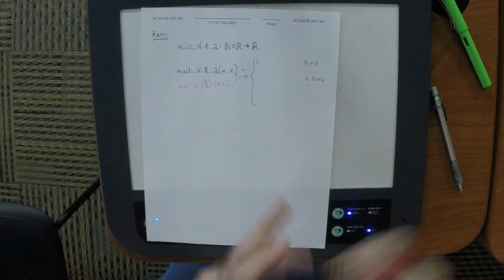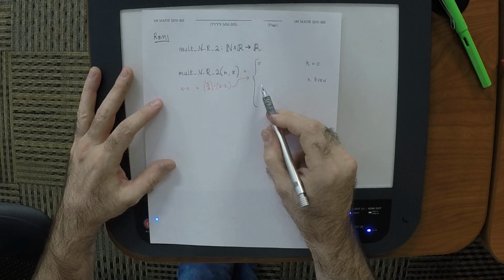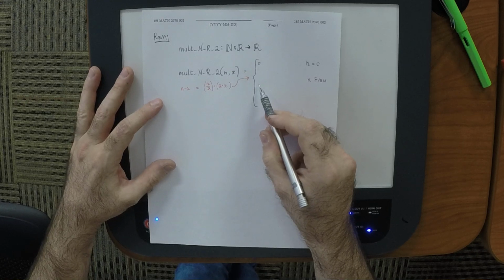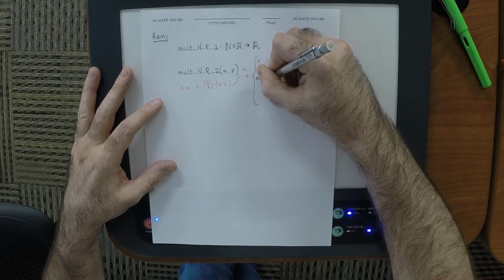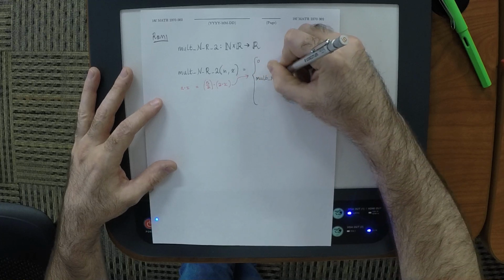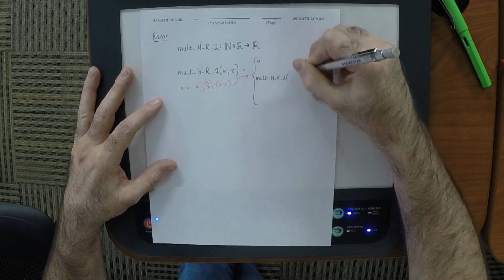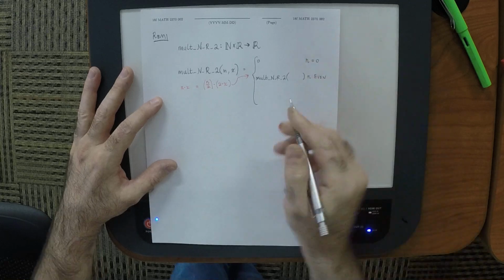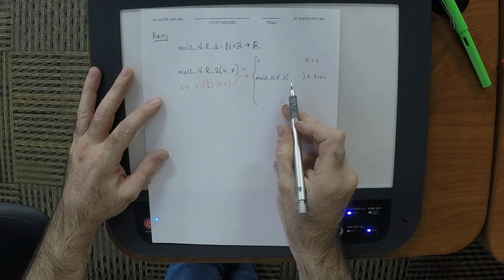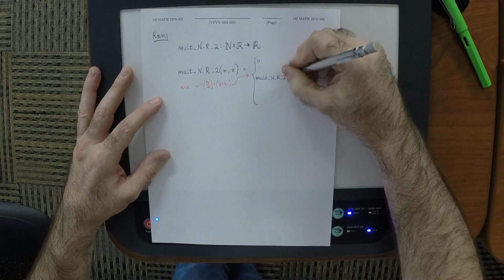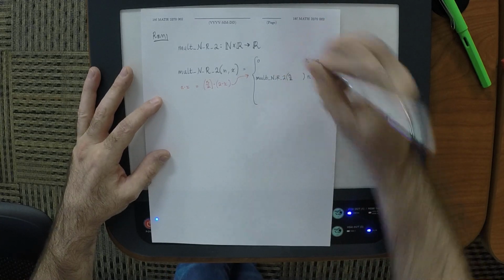Okay, so that's true, and that's what I want to write in this clause. So what do I have to write right there to make it work? So I'm going to call this function, same function, mult in R2, and what are going to be the arguments? Well, n over 2, right?